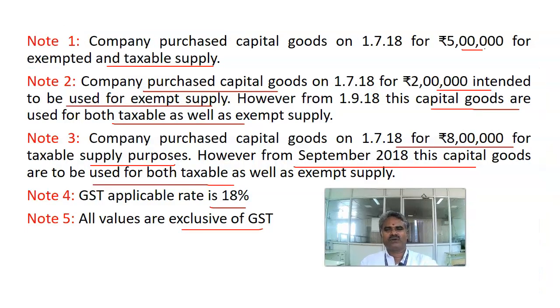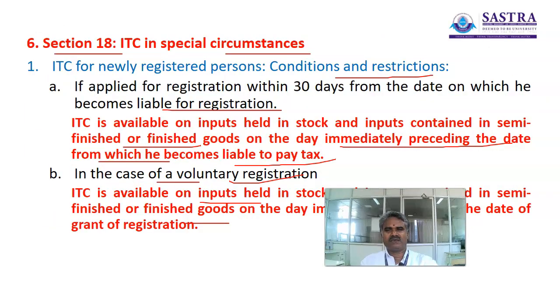And also we discussed ITC in special circumstances. A person who is liable for registration, who has taken steps for registration within 30 days from the date of becoming liable for registration, whether he is eligible to claim. Yes, he is eligible to claim ITC.